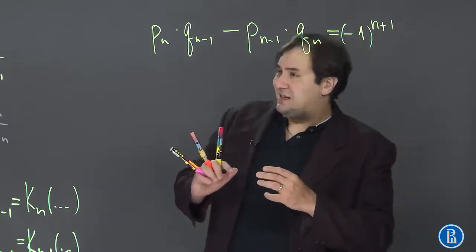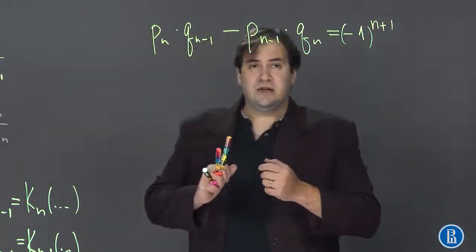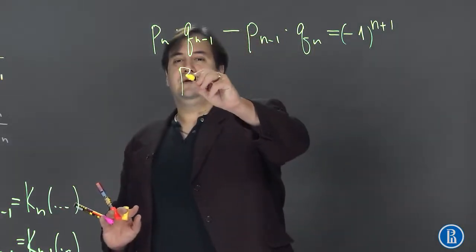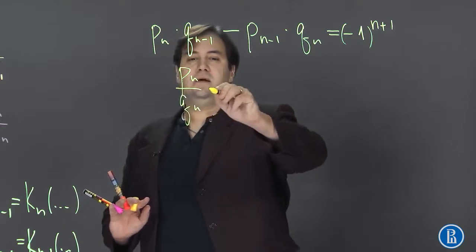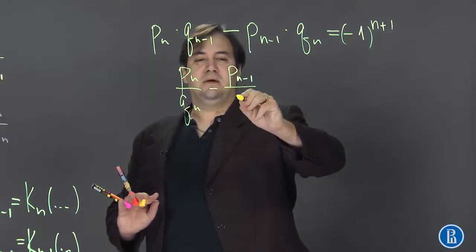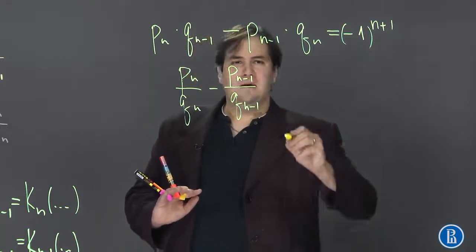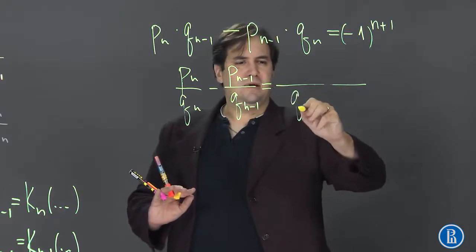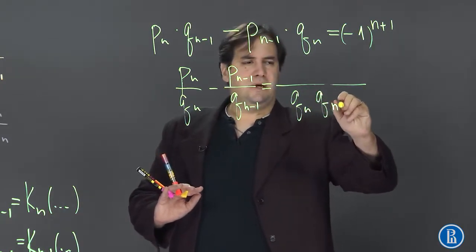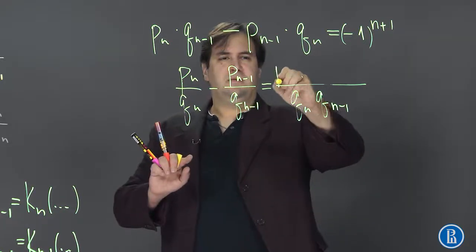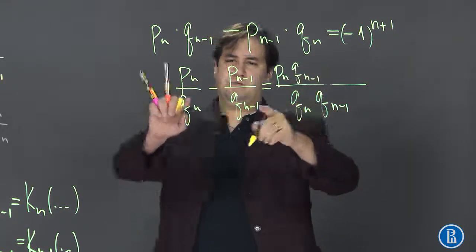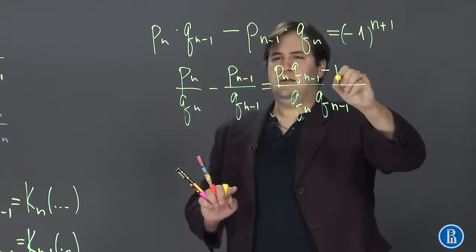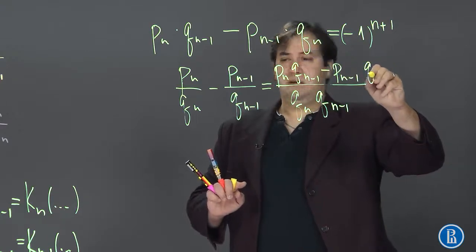Well, if we take two neighbor convergents and try to calculate the distance between them, so Pn over Qn minus Pn minus 1 over Qn minus 1, we will have, well, let me write this completely, Pn Qn minus 1, the product of these two, minus Pn minus 1 multiplied by Qn, over Qn Qn minus 1.